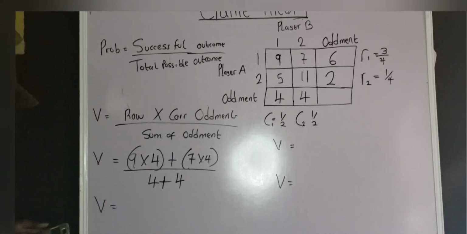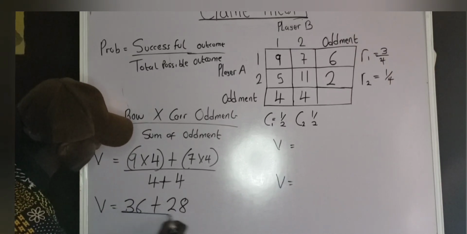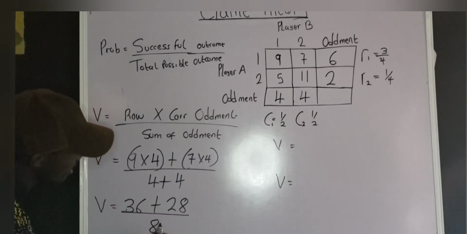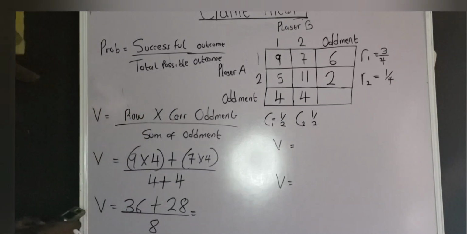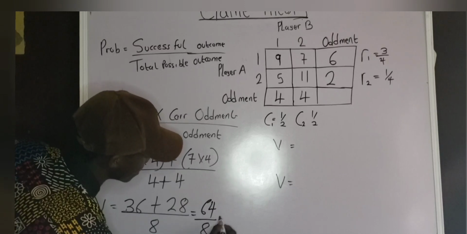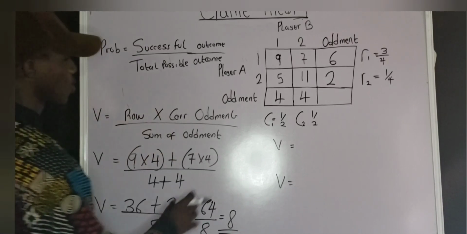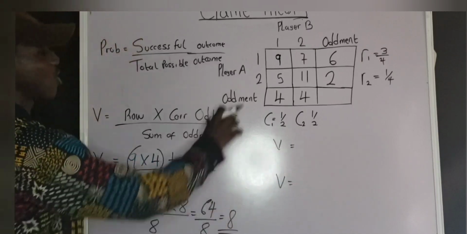So 9 multiplied by 4 is 36. 36 plus 28 all over 8. That is 64. 64 divided by 8 is 8. So the value of the game here is also 8. Do you understand? So let's use the second row.